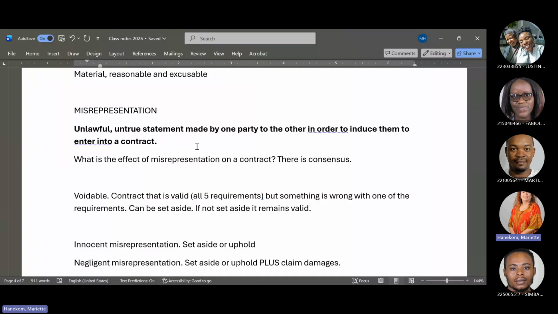So we refer to that as a voidable contract. But until it is set aside, it remains valid and binding. Remember that. A voidable contract is not a special separate category of contract. It's not somewhere in between valid and void. It is a valid contract that can be set aside.